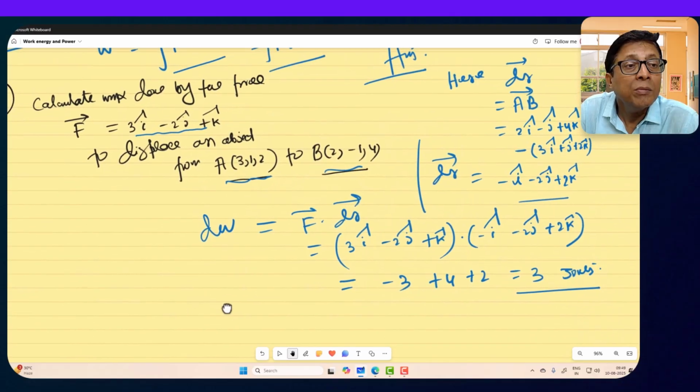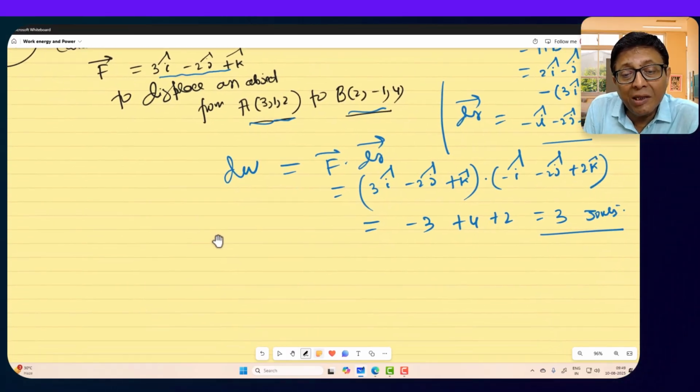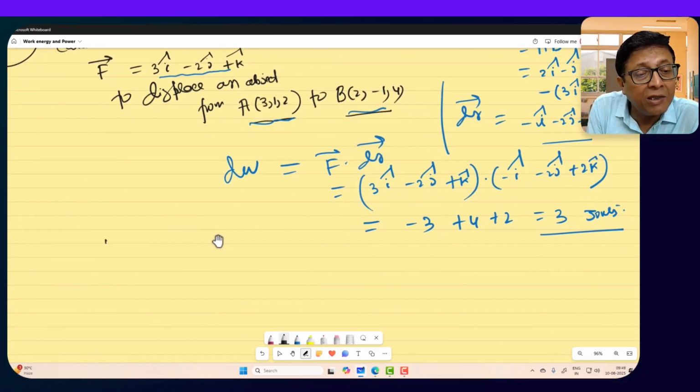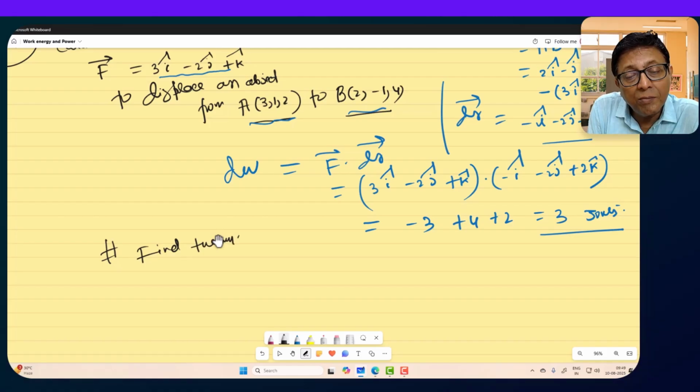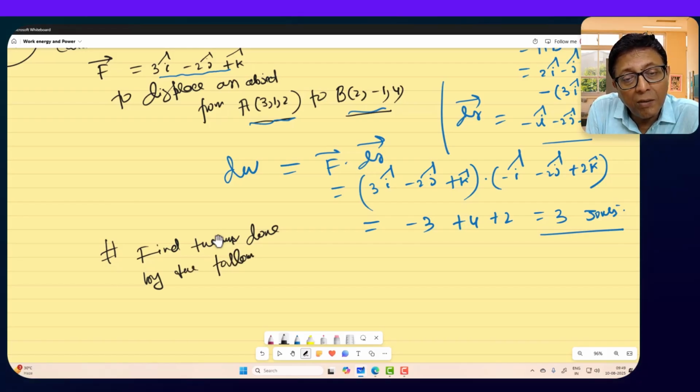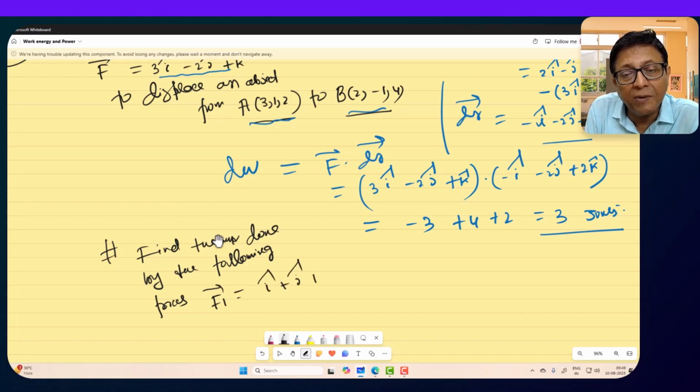Now, if I ask you the question in this manner: find the work done by the following forces. F1 is i plus j plus 2k.